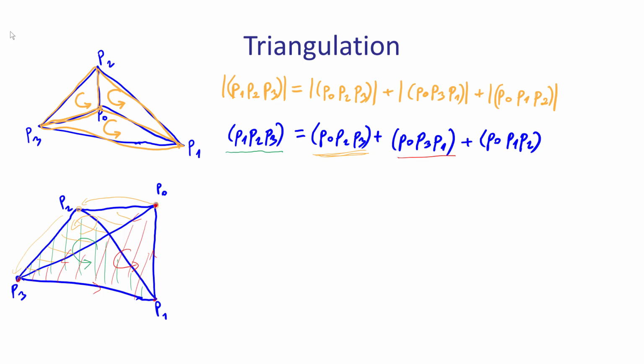We are using that with plus. So we added to the green area, we added brown area, we added red area, and now we have the last one. We have P0, P1, and P2. So this is the area.